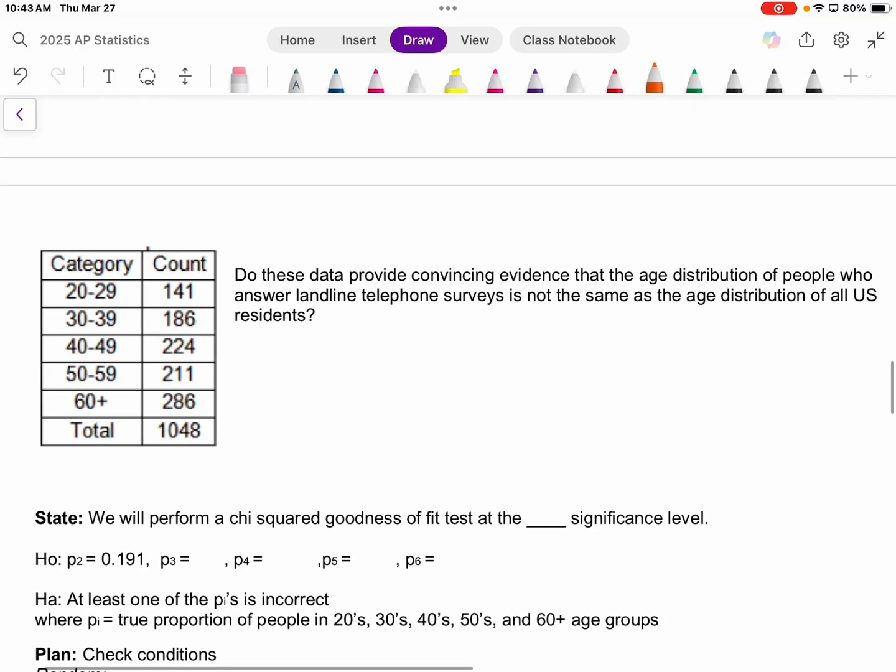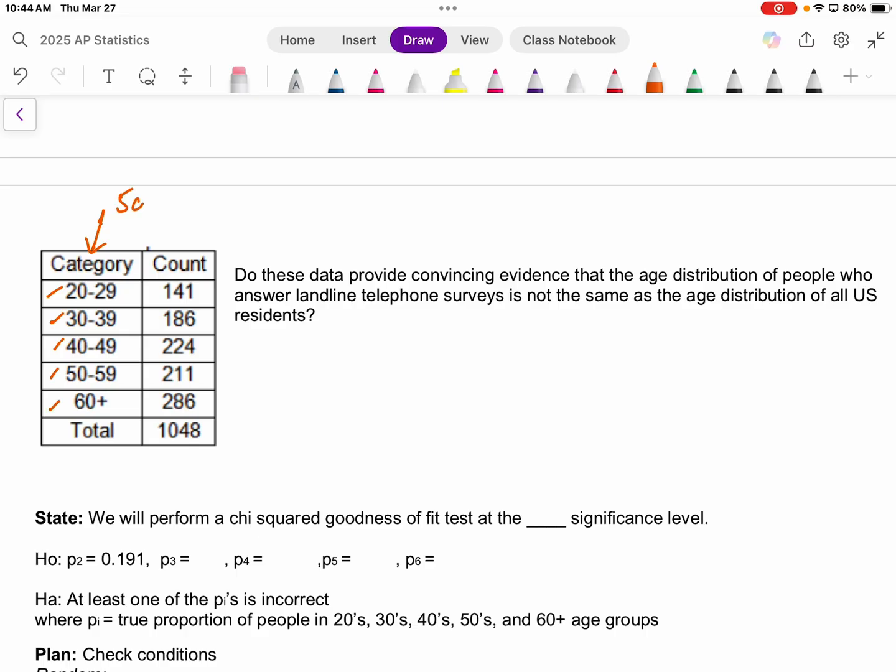They ask us, do these data provide convincing evidence that the age distribution of the people who answer landline telephone surveys is not the same as the age distribution for all U.S. residents? Here are my categories, which will help with my degrees of freedom. I have 20-year-olds, 30, 40, 50, 60-year-olds.